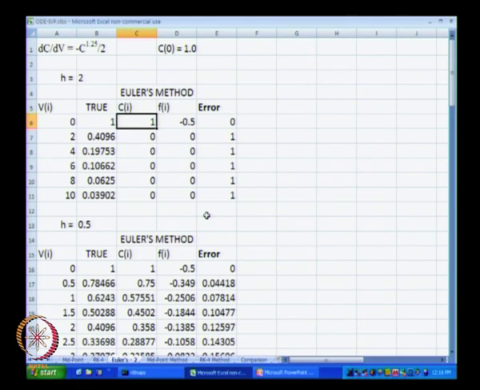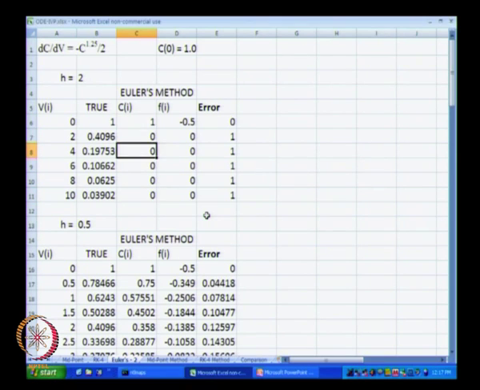And beyond that, this method cannot continue because C itself is 0. When C is 0, f that is computed is 0. If f that is computed is 0, then Ci plus 1 equal to Ci plus h multiplied by f is going to be equal to Ci itself. So Ci plus 1 equal to Ci equal to 0. So immediately within one step, Ci has gone to a value equal to 0.